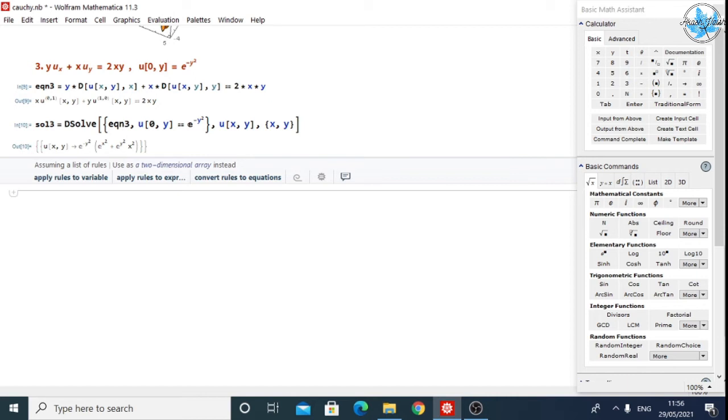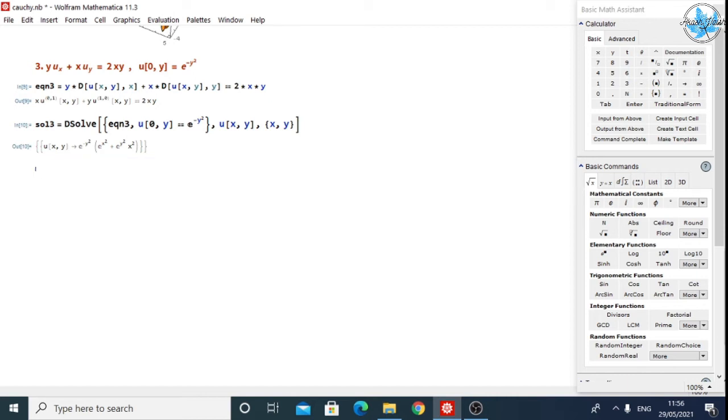Now we will plot this graph. So for that I will use the Plot3D command. Then within this I will write u of x comma y backslash dot sol3.